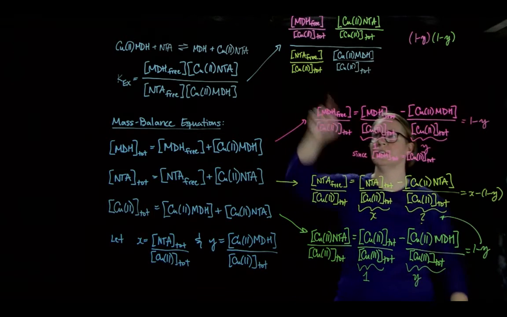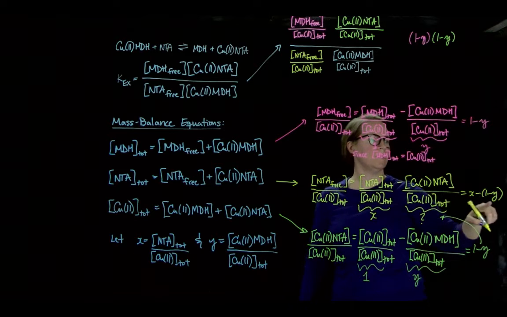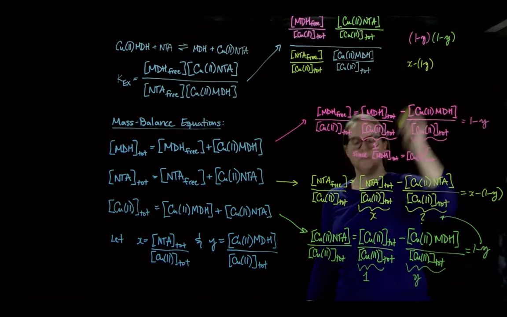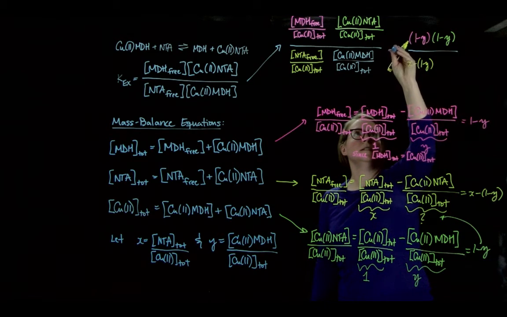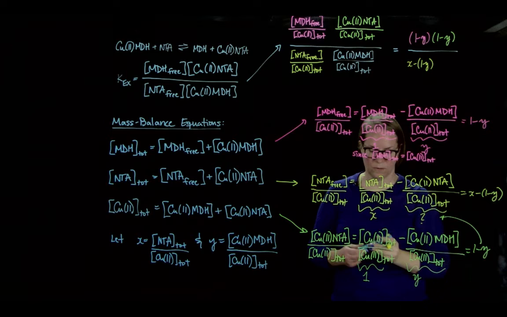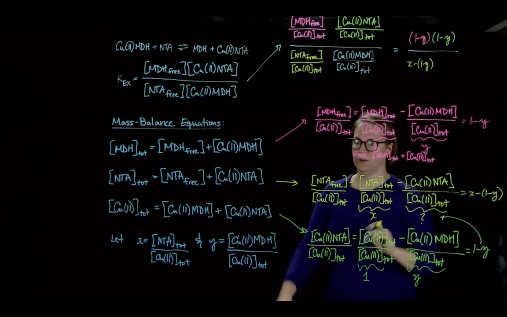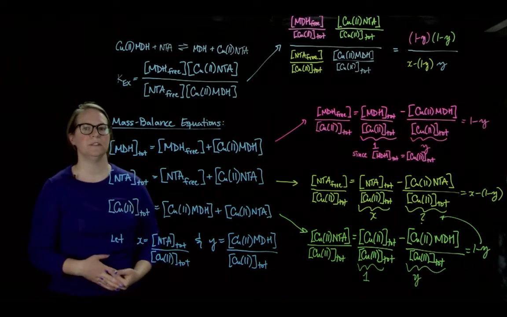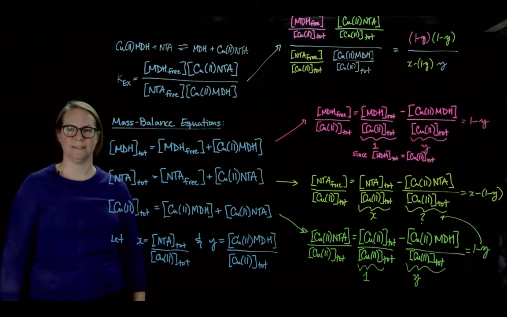The NTA free in yellow is the x minus the quantity 1 minus y. Of course, I need a division and an equals here. And then finally, the copper-2 MDH over copper-2 total. That's how we defined y. So now what we want to do is simplify what we have here at the top. Let me erase to get some room.